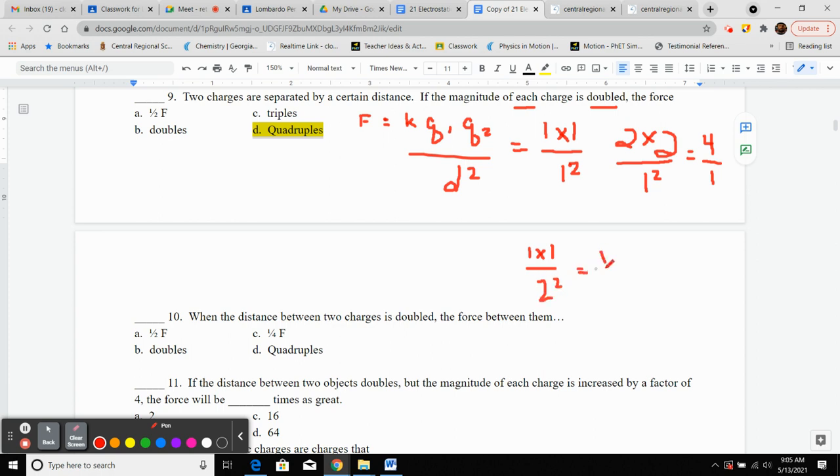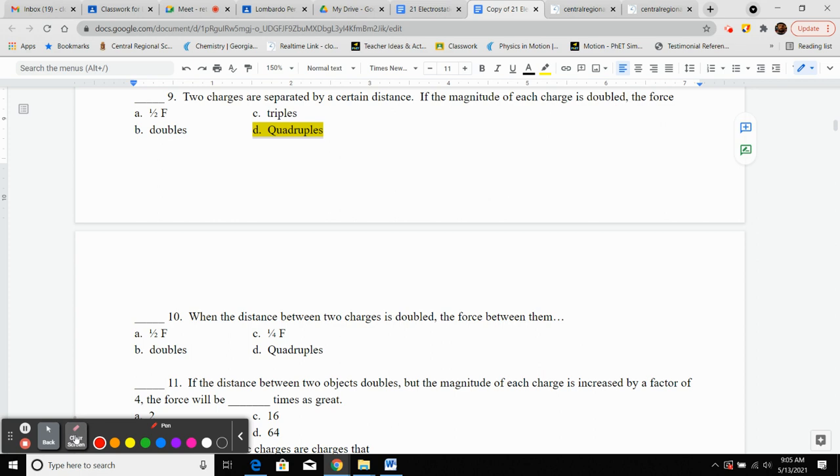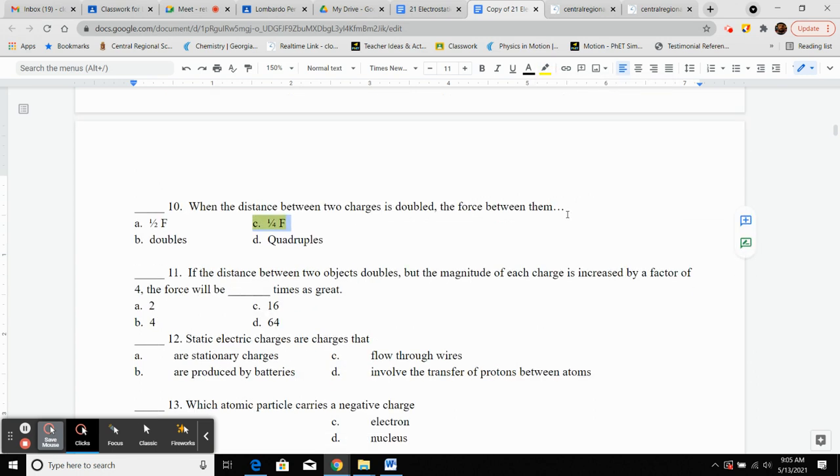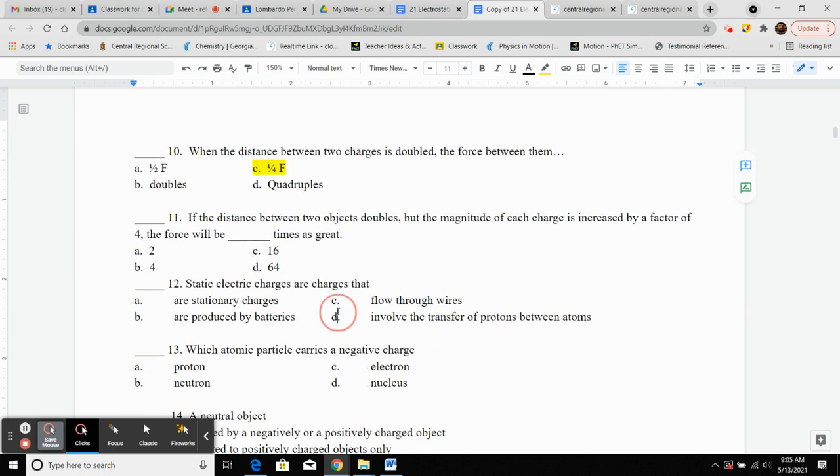This simplifies out to 1/4 of the original force. So make sure you highlight C. All right, you should 100% be able to do 11 on your own.